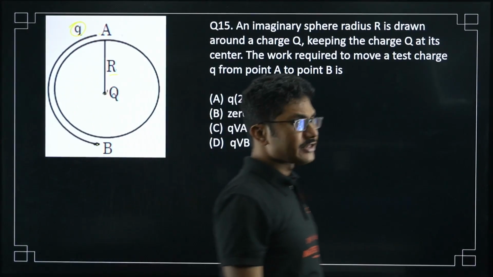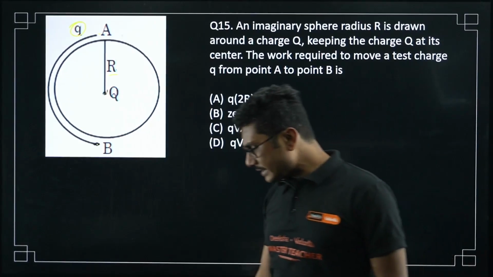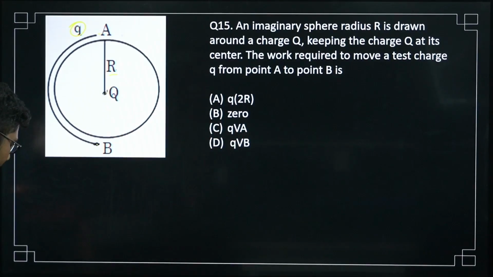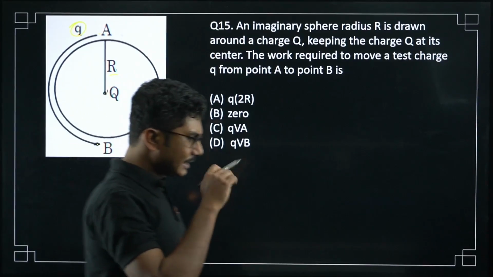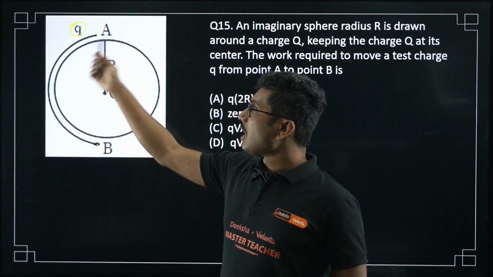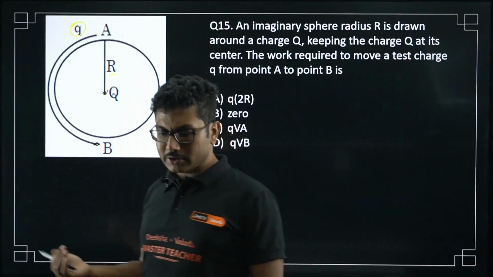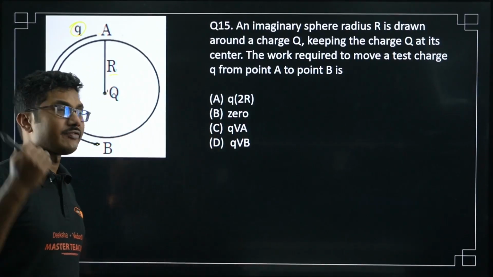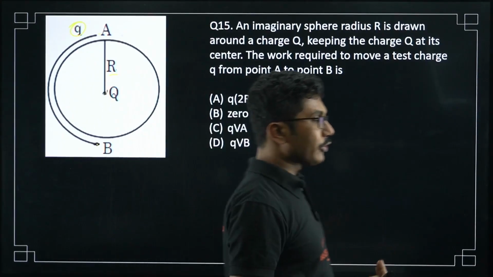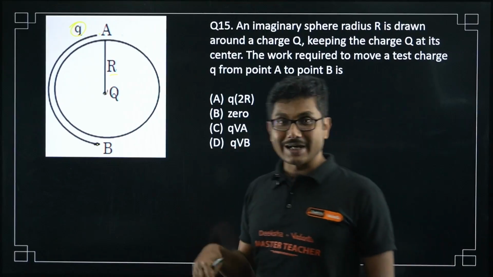Since the surface is a spherical surface, we can say that the electric potential throughout the surface is constant. Electric field is constant, so potential will also be constant. So it is an equipotential surface. Also, for a point charge, equipotential surfaces are spheres with the charge at the center.